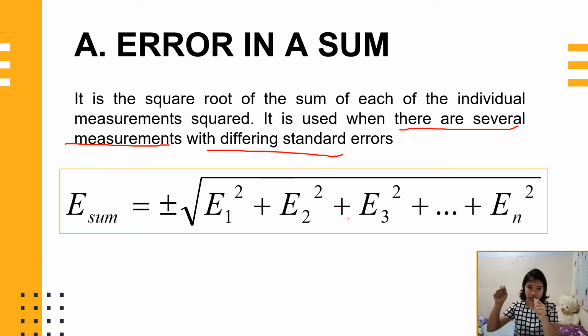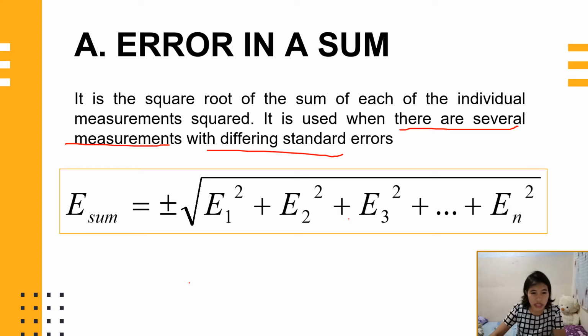Sa second section, nagka-error tayo ng 0.2. And sa third section, until na-complete natin yung distance na 1,000 meter, this is just the square root of the error attained in section 1, the error attained in measuring section 2, and the error attained in section 3. So, they just take the square root. So, I have here some of the example.